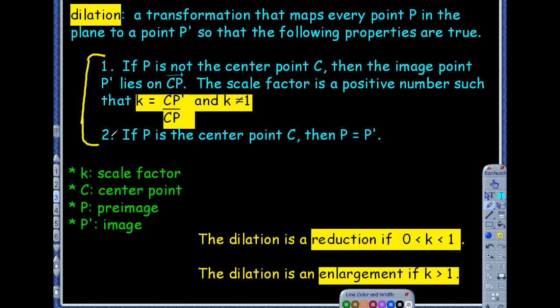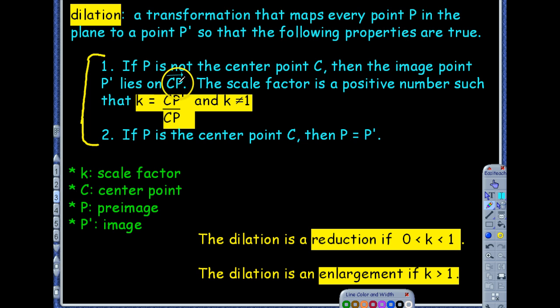All right, so let's say that point is not the center point C. With a dilation, you have to have a center of dilation. So if you're dilating a point that's not actually at the center, they're saying that the image point, P prime, lies on ray CP. Now, what's point C again? The center.